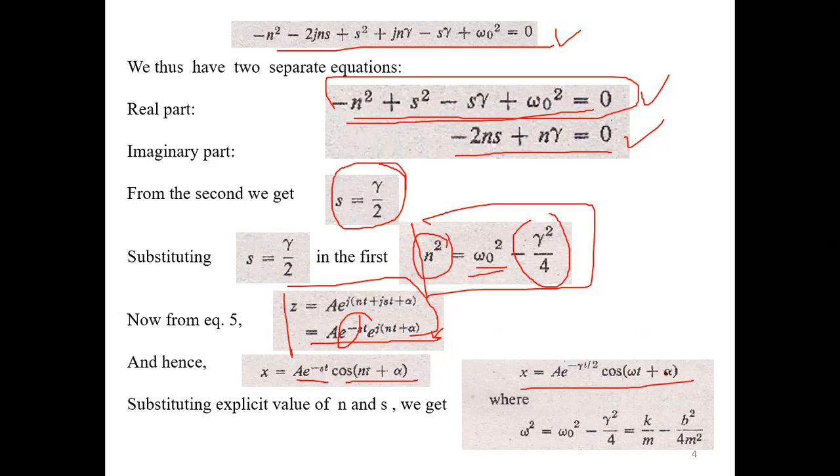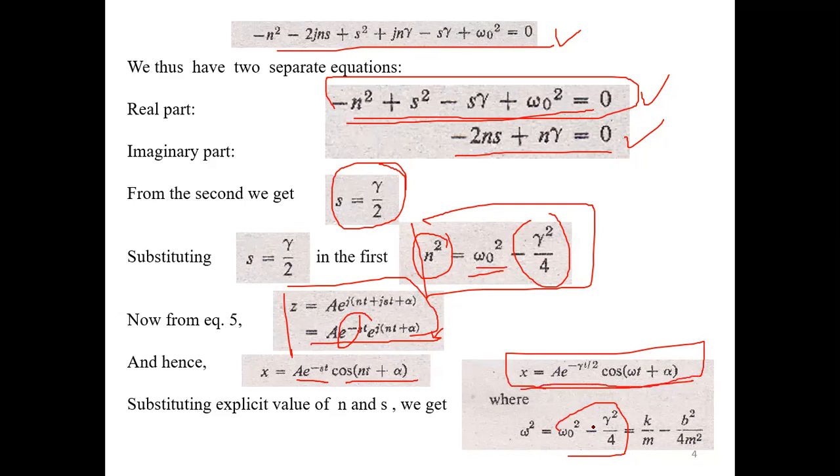So it will be cos of (omega t plus alpha), where omega is square root of omega naught squared minus gamma squared by 4. And omega naught squared is k by m, as we have seen previously. And gamma is b by m, so it will be b squared by 4m squared. So this is the solution of the damped harmonic oscillations, where omega equals square root of k by m minus b squared by 4m squared.